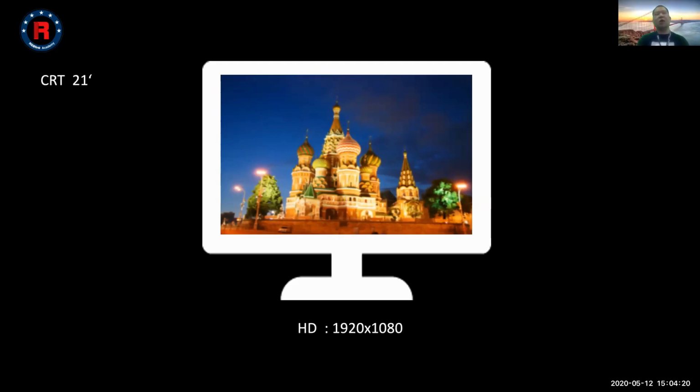And then a few years ago, the 4K monitor came into our lives, also 21-inch. And I believe we will very soon have an 8K monitor in 21-inch, in a few years.